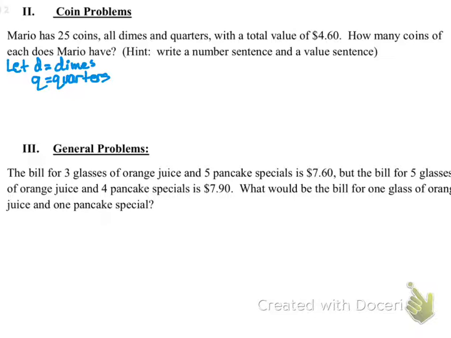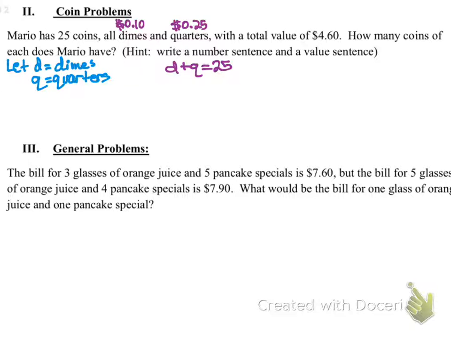Now let's talk about the actual coins. How many coins do we have? There are a total of 25 coins. If you add up dimes and quarters, there are 25 coins. So that's just the number of coins you have. Dimes and quarters equals 25 coins. Now, when you add a value to it, the value of dimes is 10 cents and the value of quarters is 25 cents.